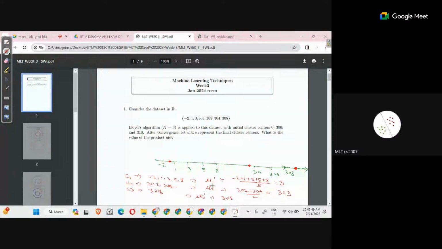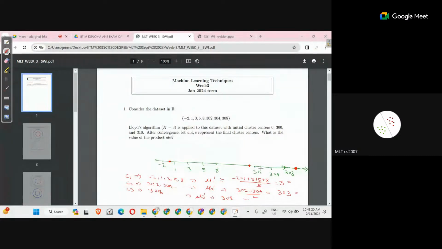So these cluster centers we have now. Since we have taken 3 cluster centers, these will be the cluster centers. The question says this will be the A value, this will be the B value, and this will be the C value. The question asks us to multiply these three things. Is it a final cluster center? If you recalculate, do you see any point which is closer to another cluster center?